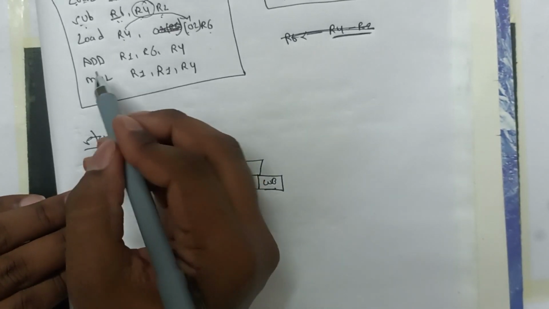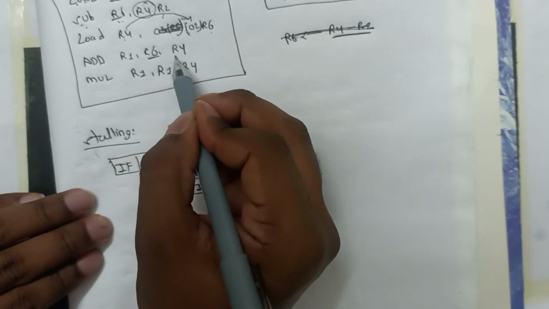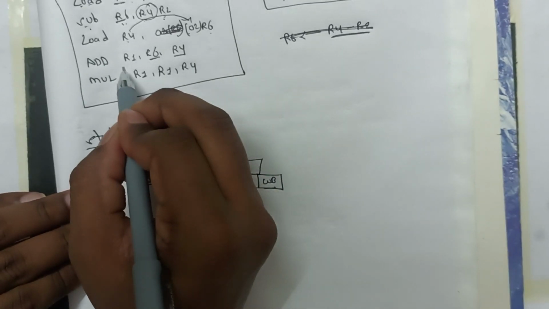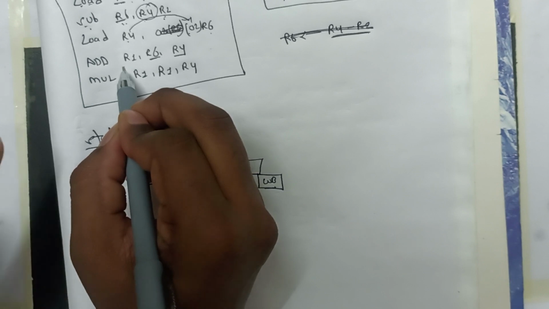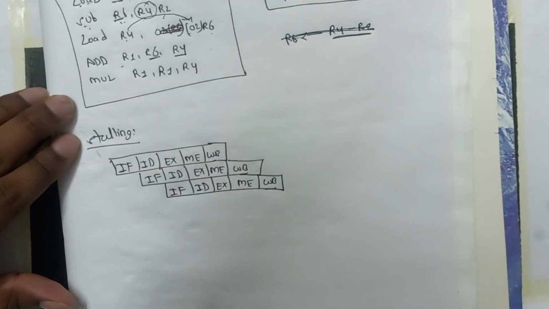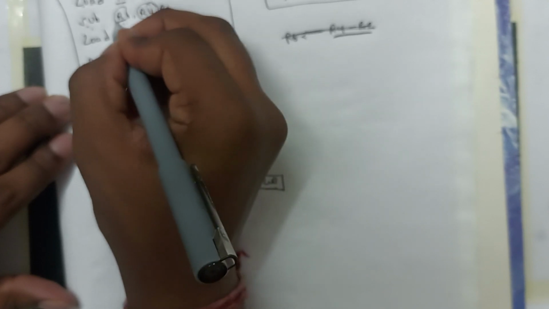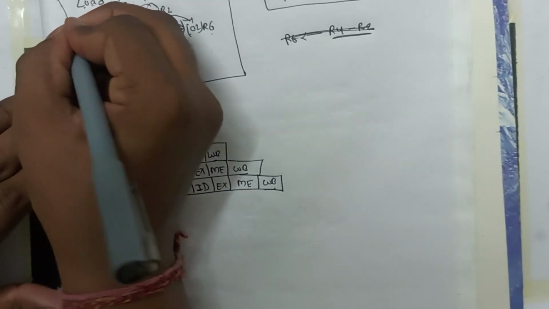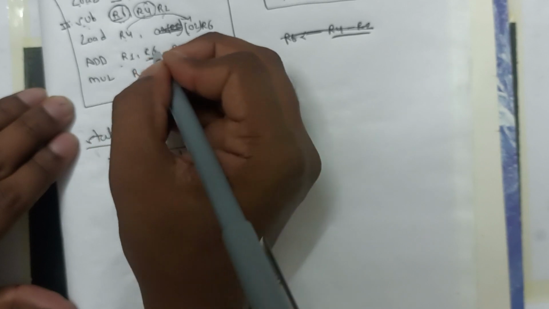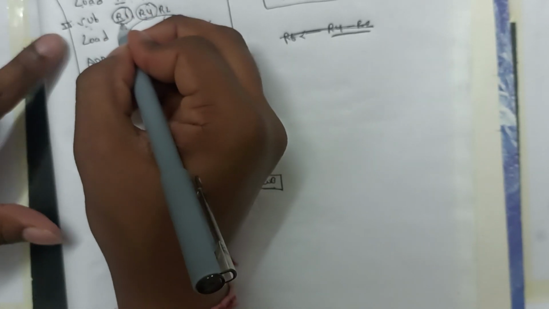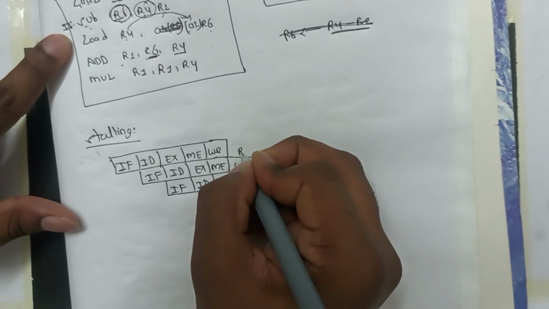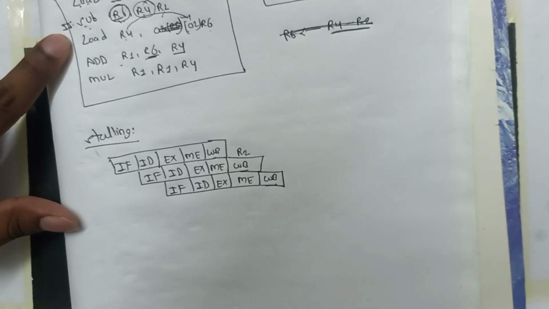Here, R6 add with R4 and store in R1. Here there may be a dependency or not. Check it. Yes, there is a dependency, because the value of R4 and R2 is subtracted and stored in R6. It means R6 depends on the earlier subtract instruction.